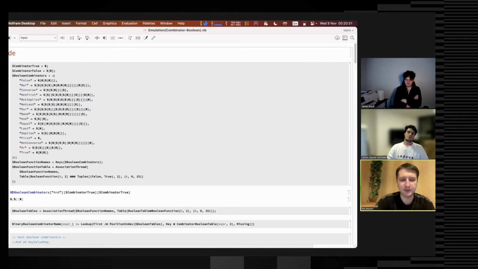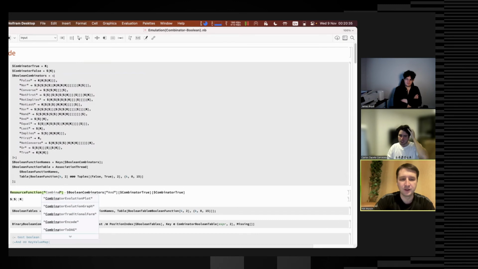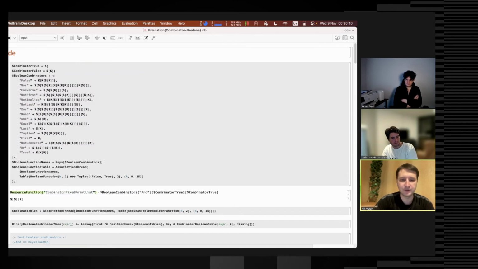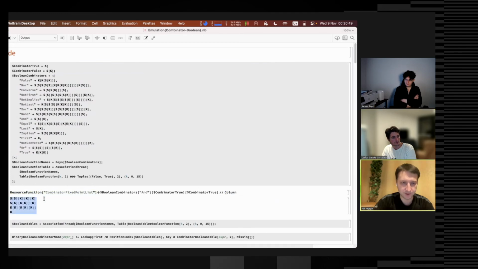Well, this one, basically, we call it... So all of this and all the intermediate ones we call an equivalence class of combinator true. And everything that evaluates to K in the end is basically the equivalence class of true.